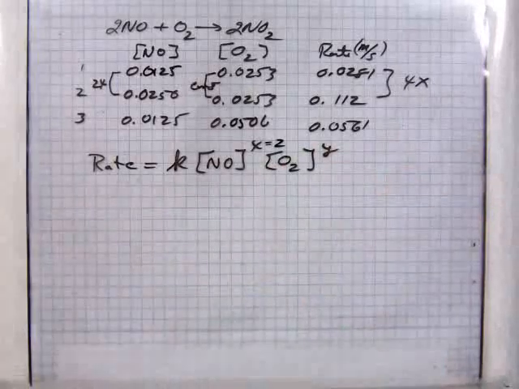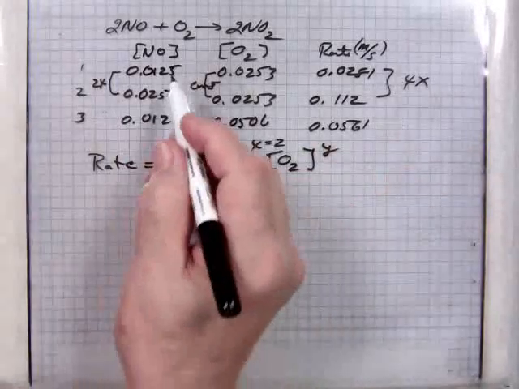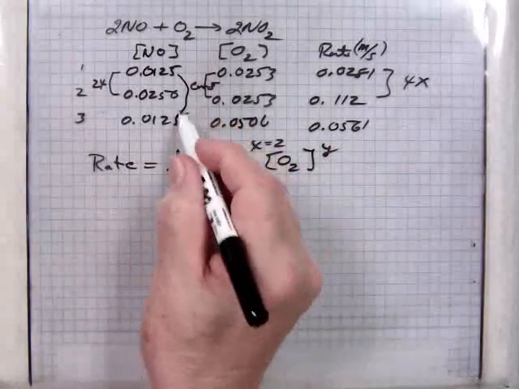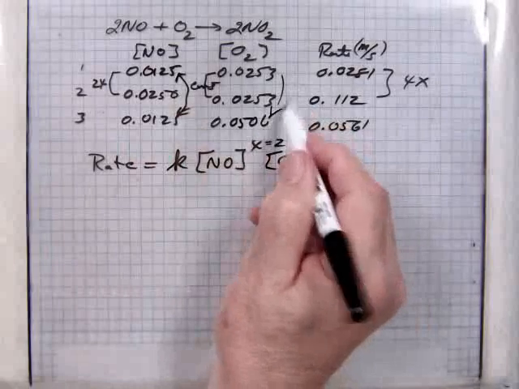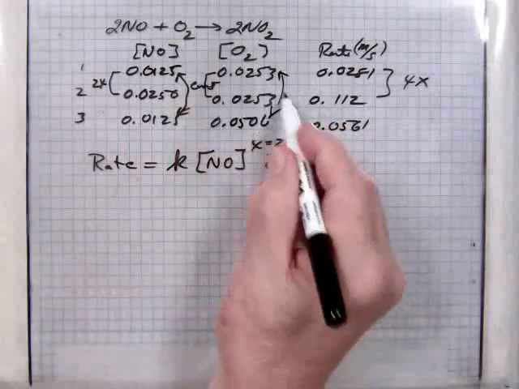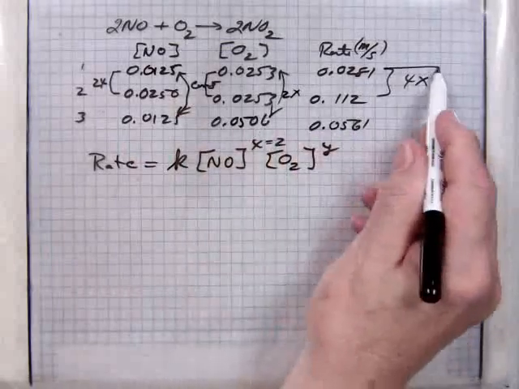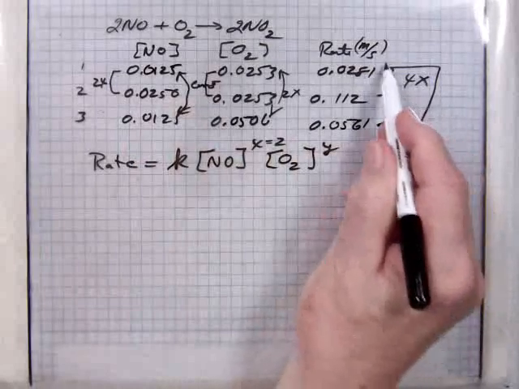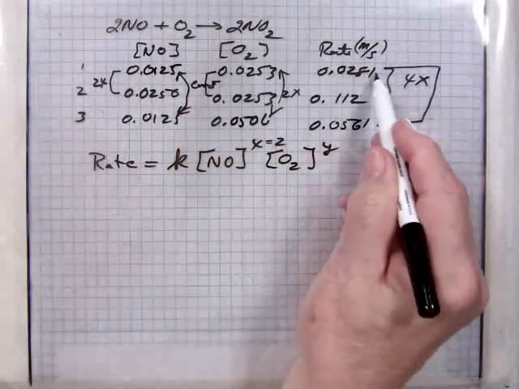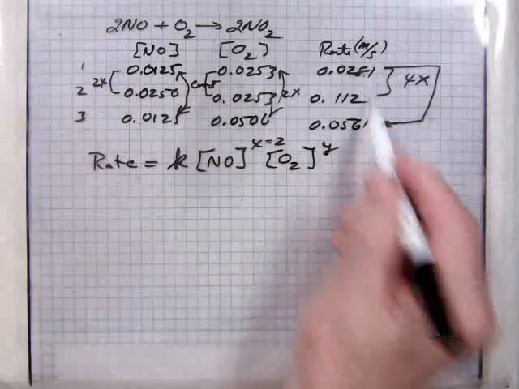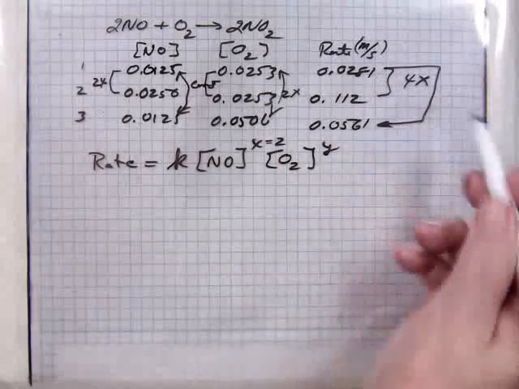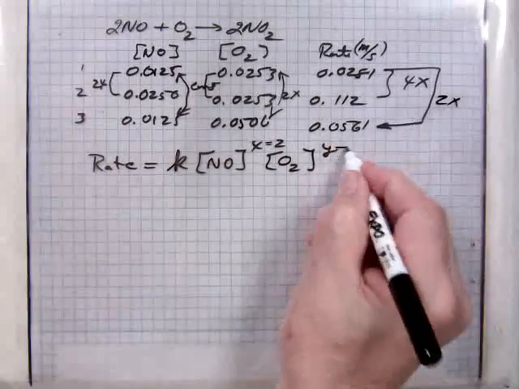And so we hold this one constant, as you see, that one and that one, and we have a change of 2 to 5, that's the 2x. From 0.0281 is what we're comparing to the 0.056 right there. Looks like a double, 2x, so y is equal to 1.